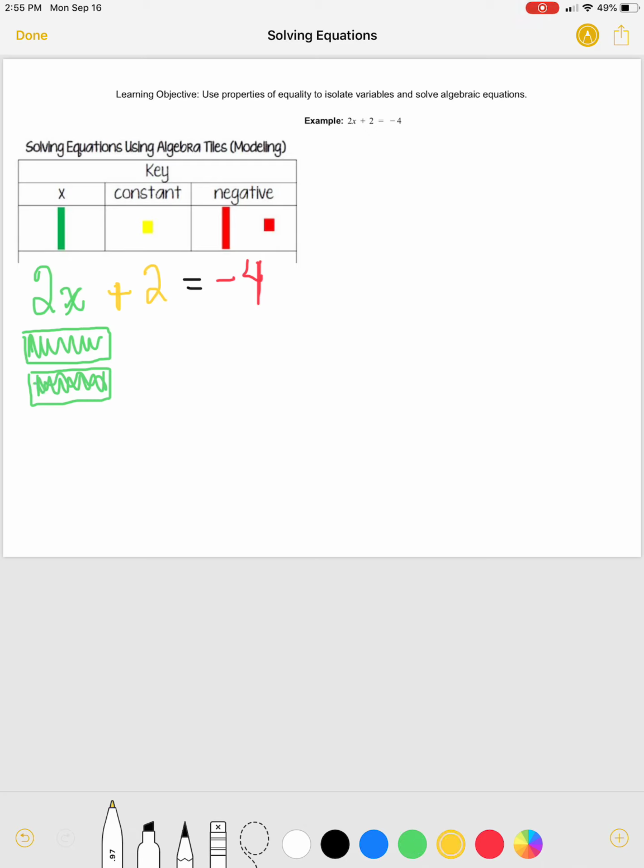Plus 2 tells me I have 2 yellow. Okay, and for my equal sign, I'm going to use a line to separate the two sides, and that equals negative 4, which is still 4 squares, but they are red.